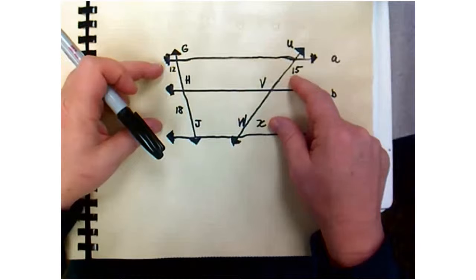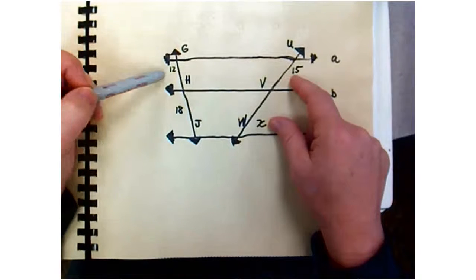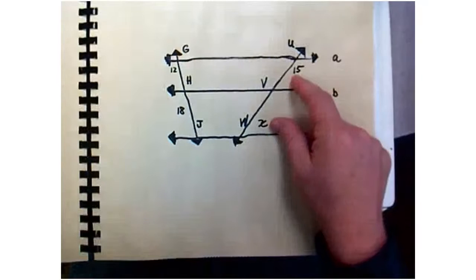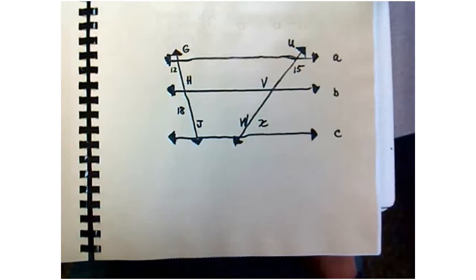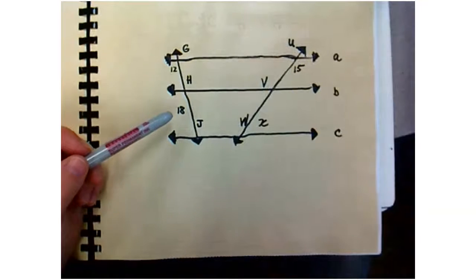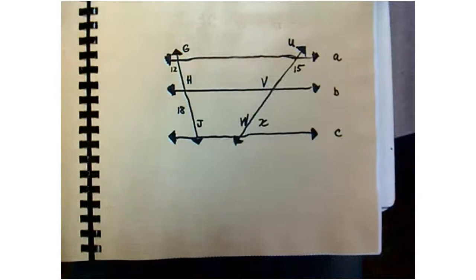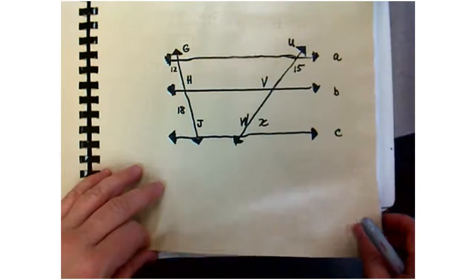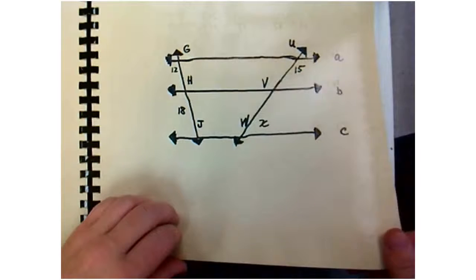So what are you going to cross multiply? 12 times X, all right. 18 times 15 or 15 times 18? So 12X equals 270. X is 22.5. Okay? Pretty basic, isn't it? All right.